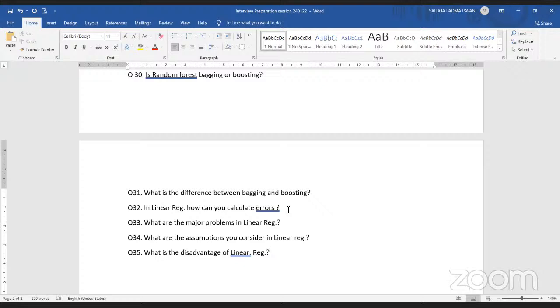So linear regression only focuses on the mean value of the dependent variable, and it looks only at the relationship between the dependent and the independent variables. It is the main disadvantage. And it is very sensitive to outliers.